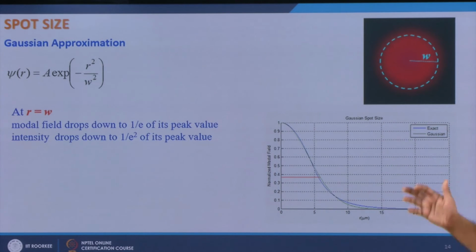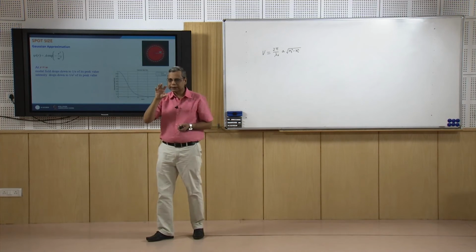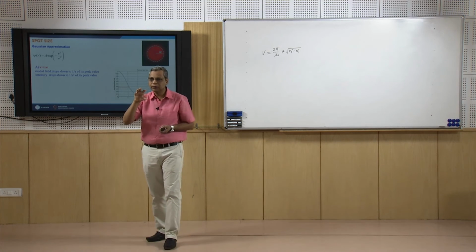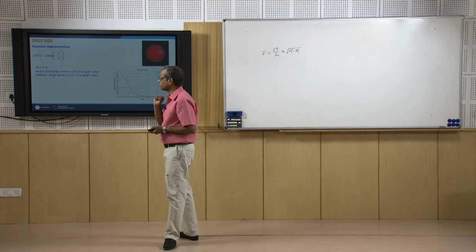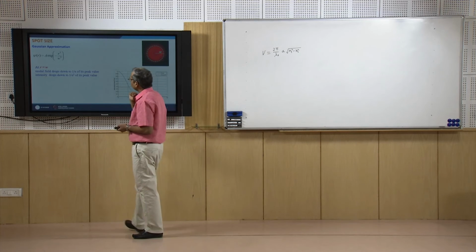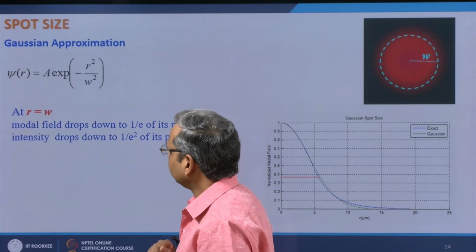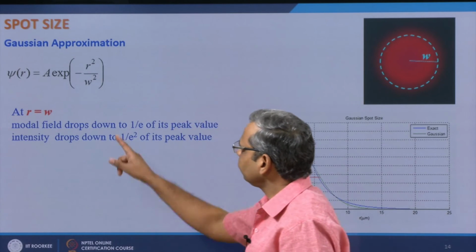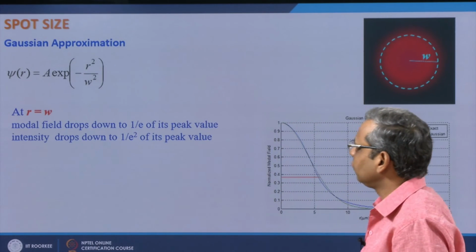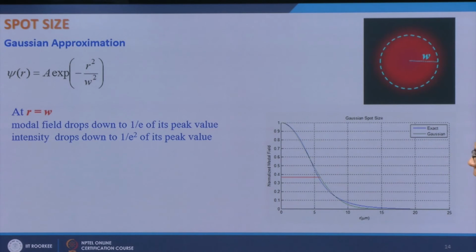As you know, the field goes down to 0 when r tends to infinity, but what is the region in which the maximum field is there? That we can define by r equal to w, because at r equal to w the modal field drops down to 1 over e of its peak value and intensity drops down to 1 over e square of its peak value.